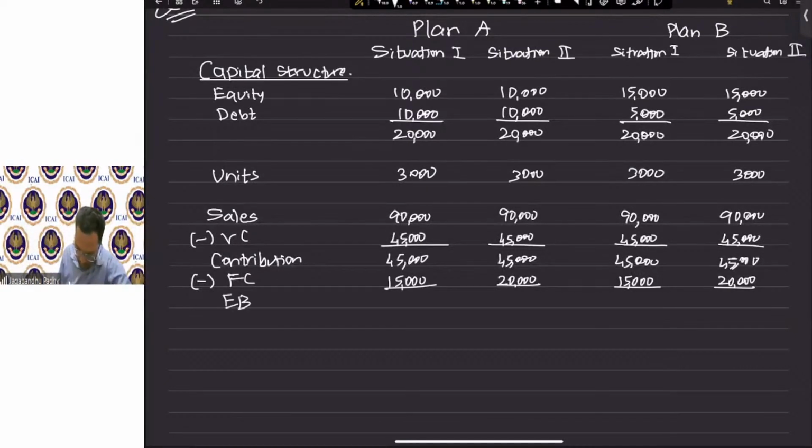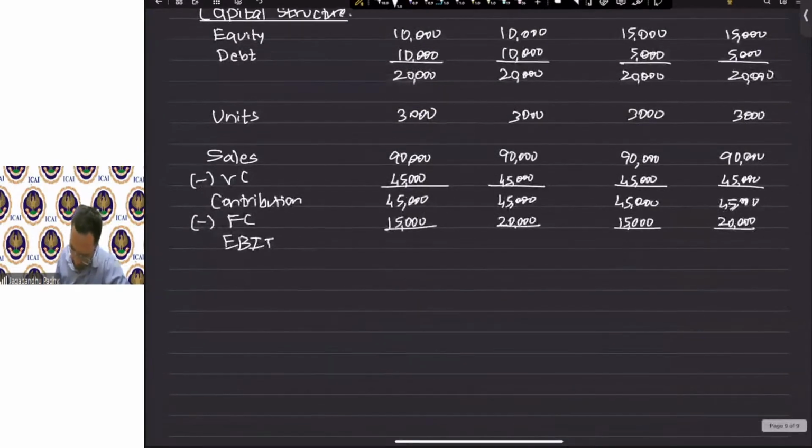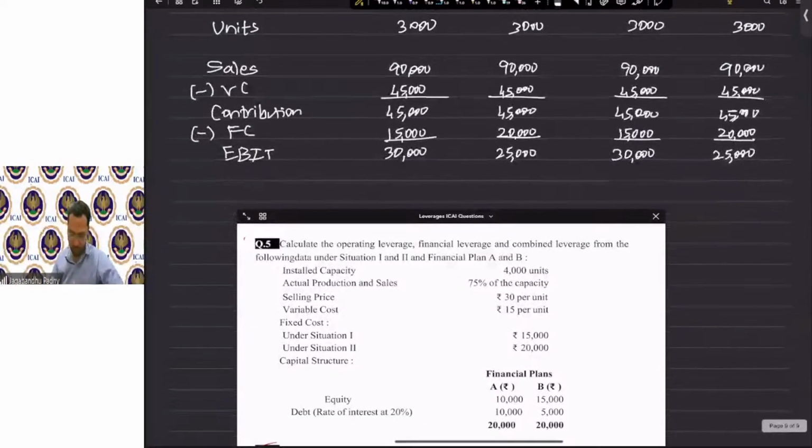You subtract fixed cost from contribution, you get EBIT of 30,000.